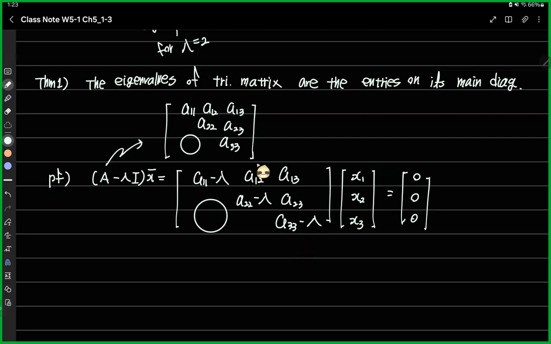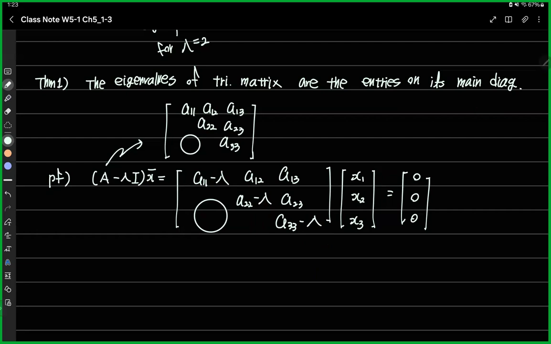Let's say the second column is a non-pivot column, which means lambda must be A22, or lambda must be A11. That's why the eigenvalues of a triangular matrix are the entries on its main diagonal. So the eigenvalue must be A11 or A22 or A33. Otherwise, this system is not going to have a non-trivial solution, right? This makes sense, right?